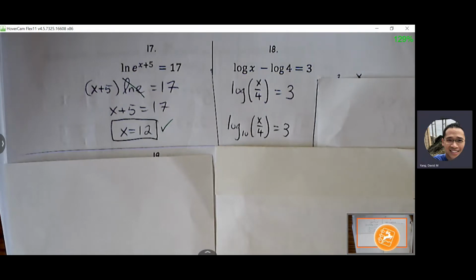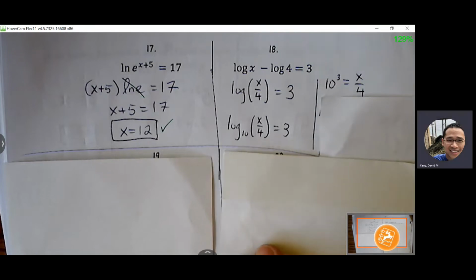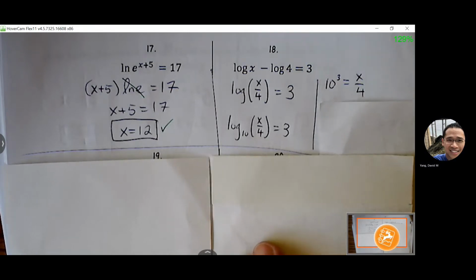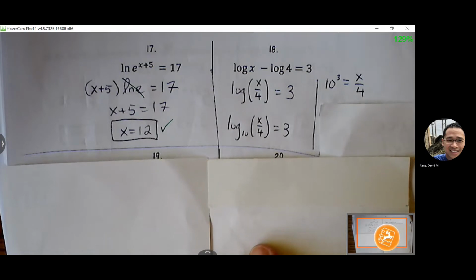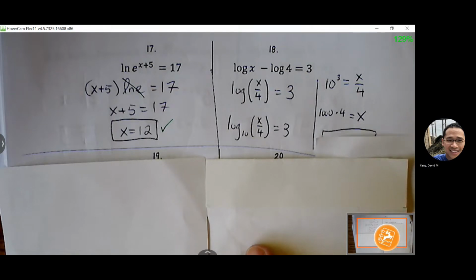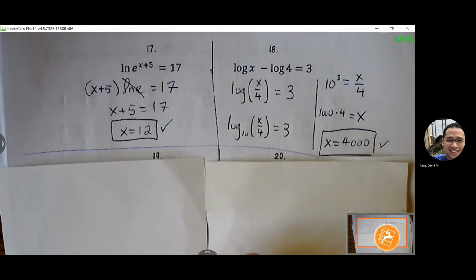Convert to exponential form. Solve for x. It's safe with the x.